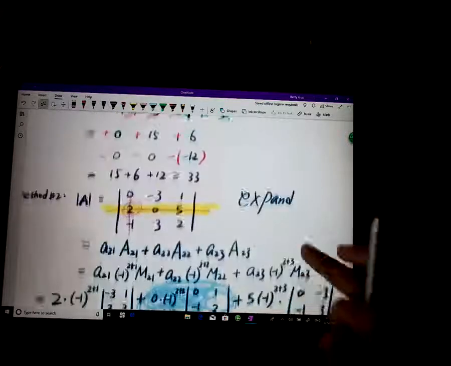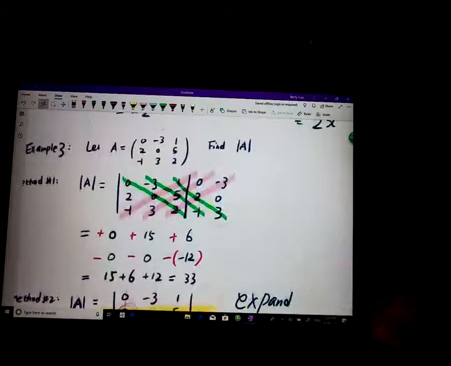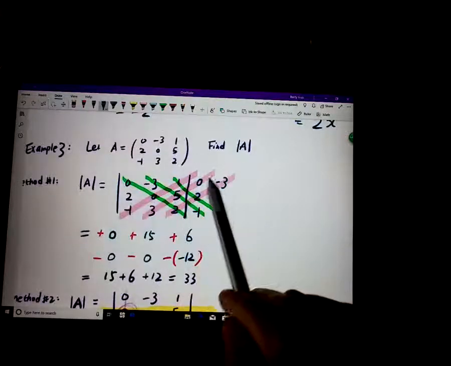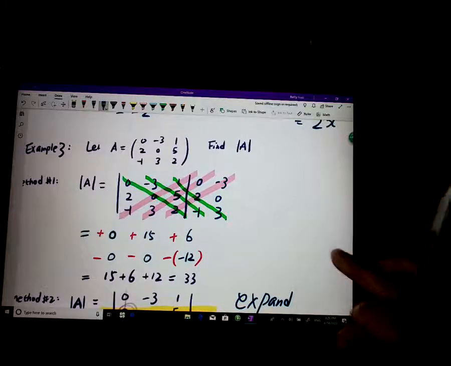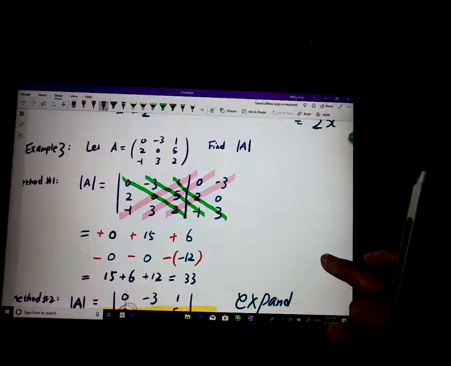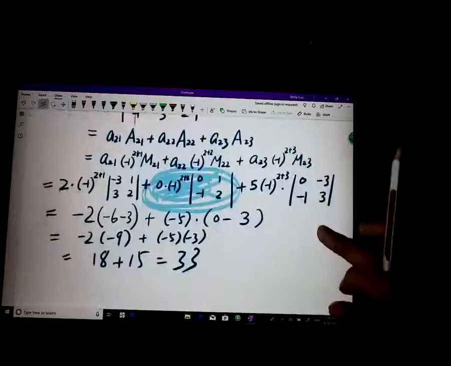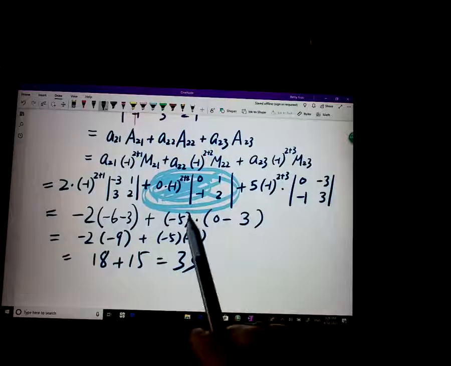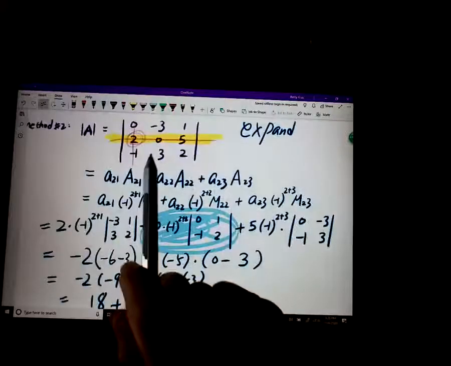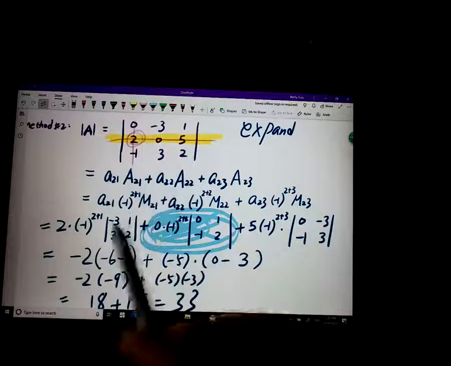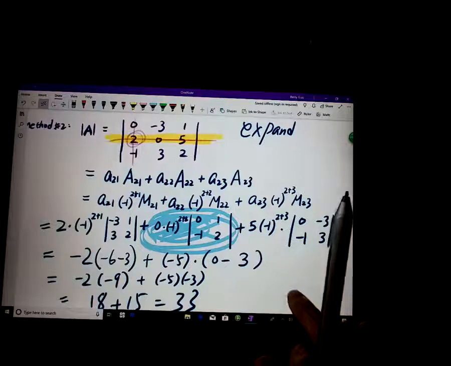Okay, so you can choose either method that you prefer. For a 3 by 3 determinant, I believe the first method is better. But if the determinant has a higher order, like a 4 by 4 or 5 by 5, or even 6 by 6 and so on, then the second method, using the cofactor and minor to expand the determinant along one row or one column, would be better.